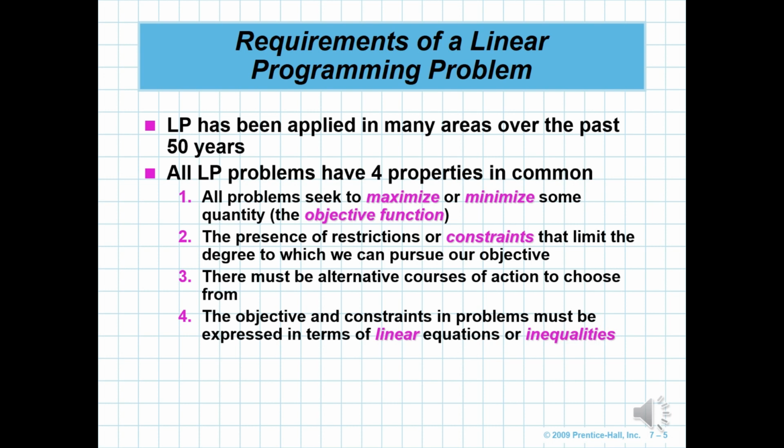There must be alternative courses of action to choose from. The course of action is the decision list from which, in the end, we decide which one will be produced and which one will be considered. And the objective and constraints in the problem must be expressed in terms of linear equations or inequalities.